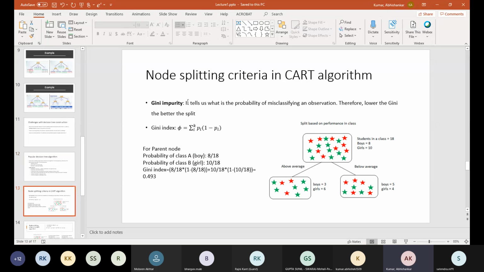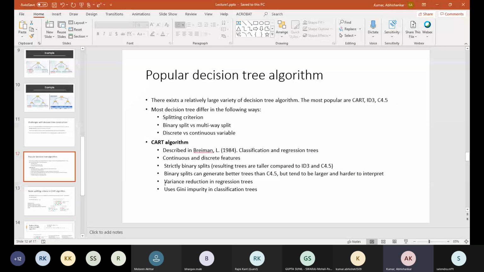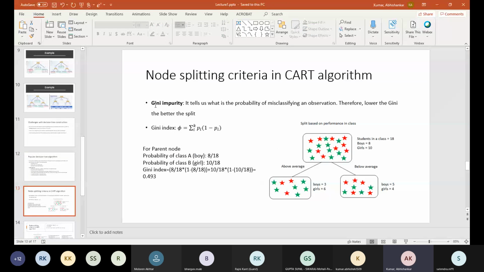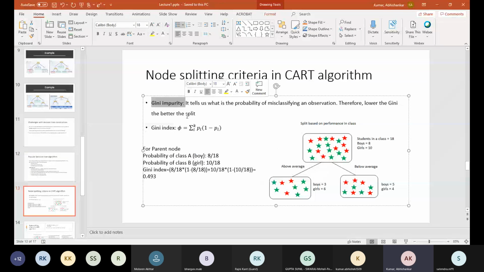So next class, I told you about this Gini index, impurity for classification. We are going to define what the Gini index is and what the formula is, how to calculate the Gini index at any node.